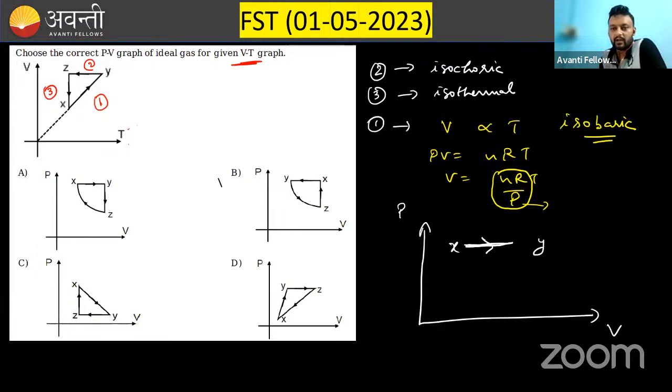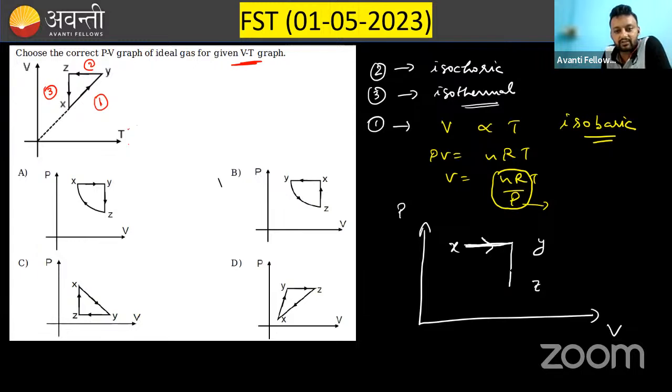This is process 1. Now process 2 is isochoric, which is from Y to Z. Isochoric means volume remains constant. Clear? Now the third process is isothermal.